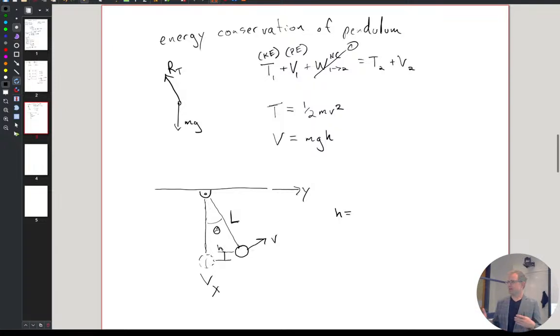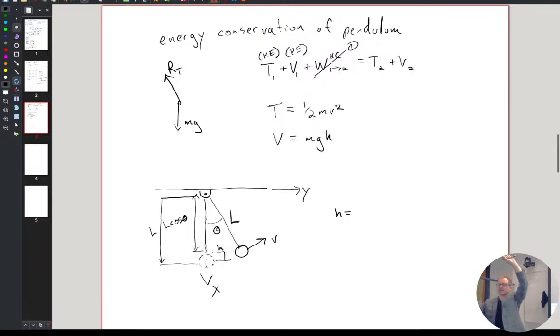It's got to be something with that cosine theta, right? If we start drawing, L would be that total distance from the base to the bottom.